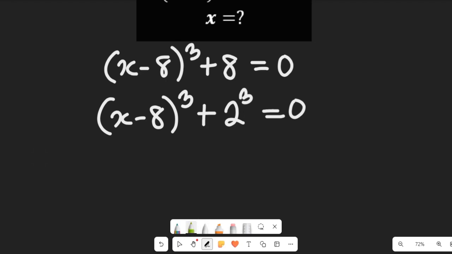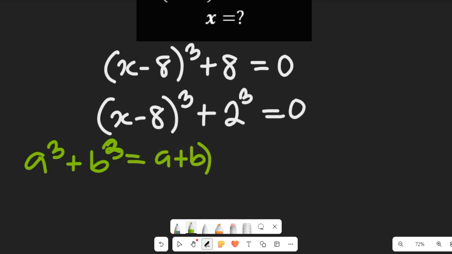Now take note that this looks like an algebraic expression. If you recall, a to the power of 3 plus b to the power of 3 can easily give us (a plus b), right? And then we'll have a squared, minus the first multiplied by the second, then plus the second squared, right?